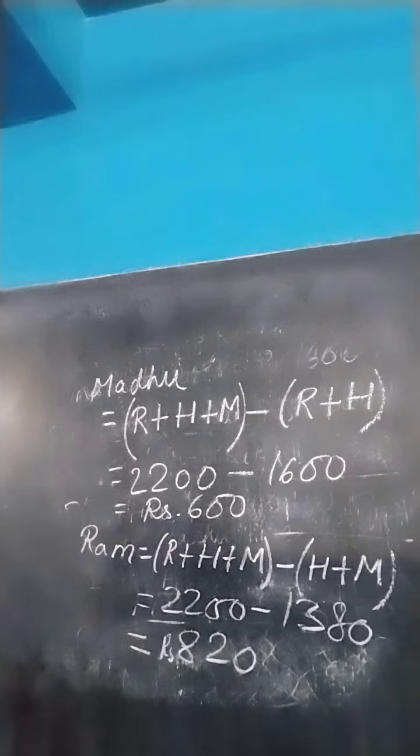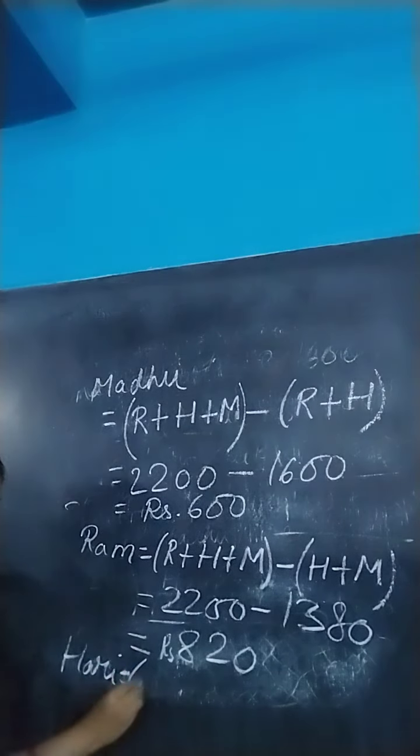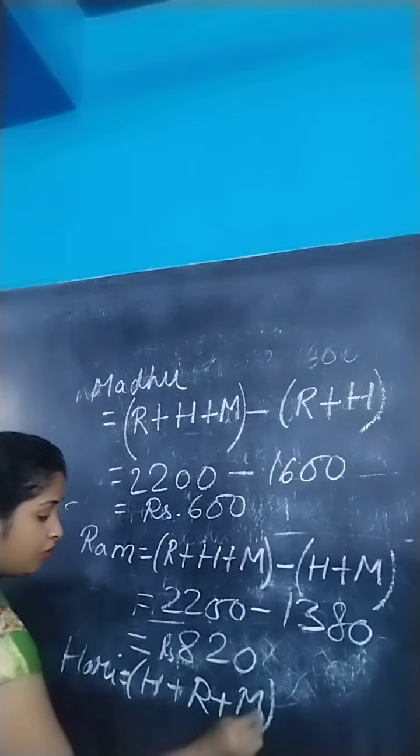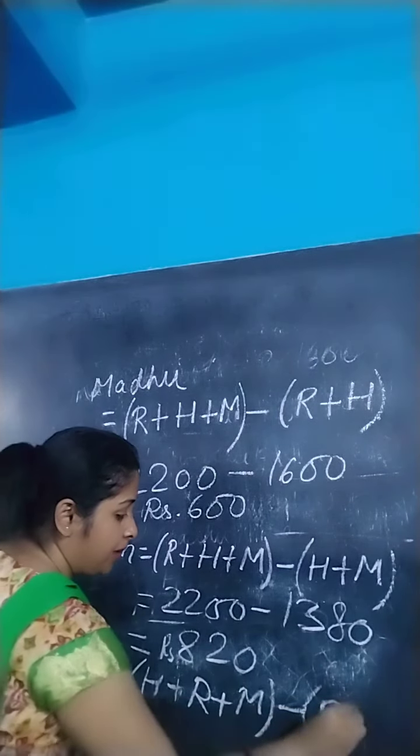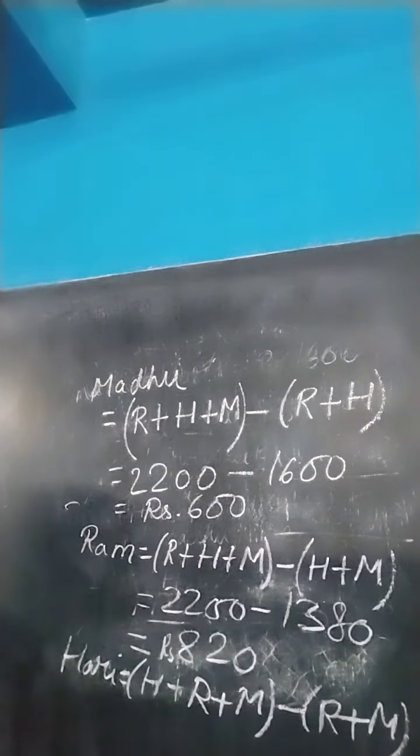Now remaining is Hari. Hari is equal to Hari plus Ram plus Madhu minus Ram plus Madhu, which is equal to 2200 minus 1420.